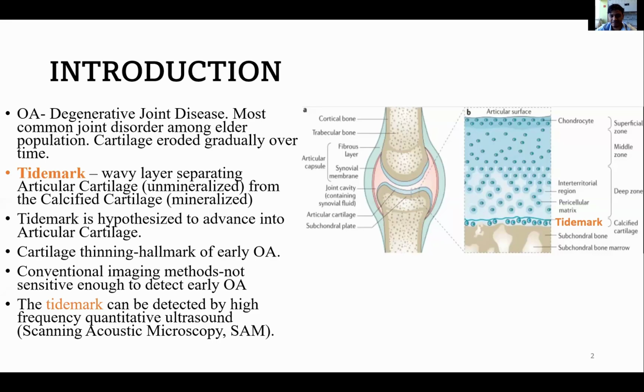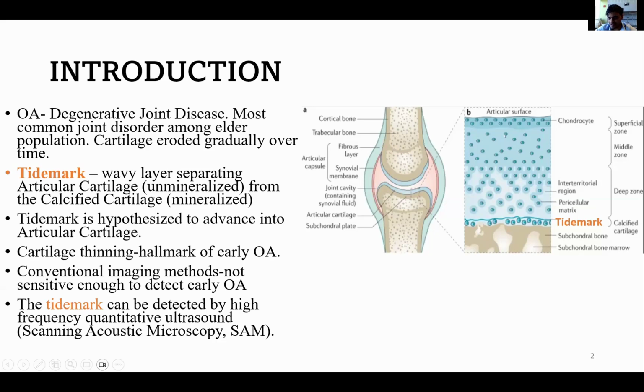To understand it completely, we have to look at the anatomy of the joint. On the right hand side, you can see an image of a knee joint tissue, and you have this cartilage, this blue layer capping the end of the long bones. This articular cartilage is responsible for the smooth transition of forces across the joint.